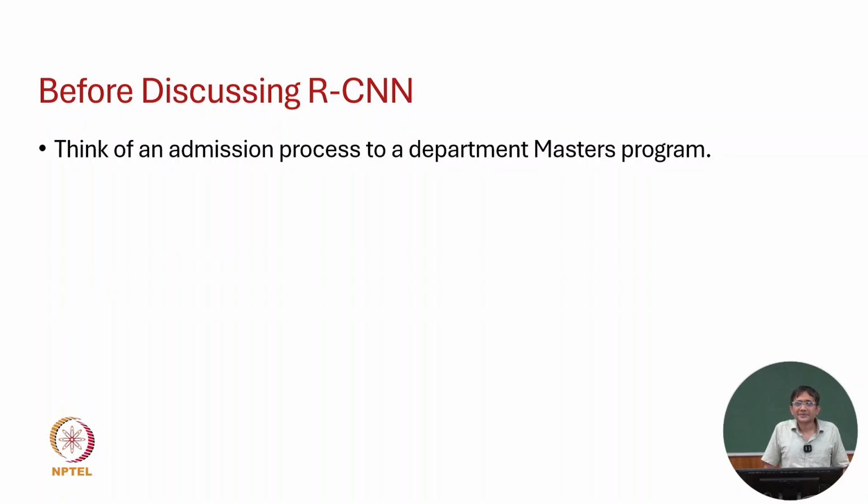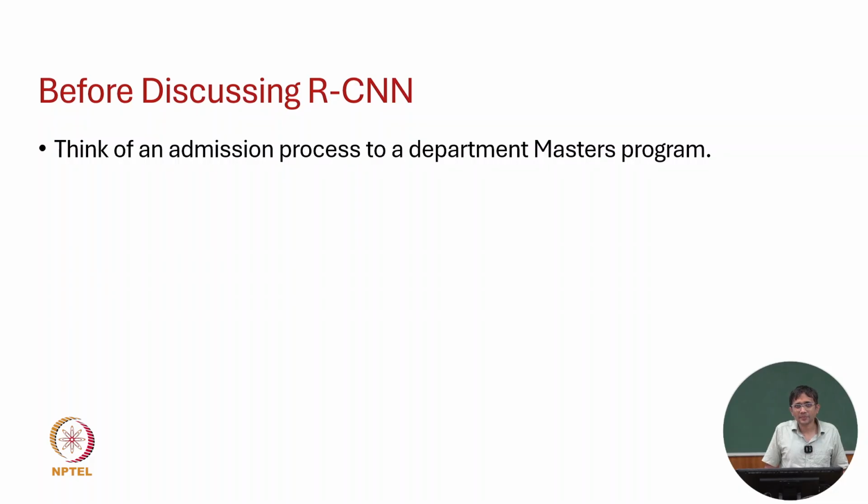Again, this is not uniform, of course, but in most of the places how it goes is, let's say the department receives a few thousand applications. Let's say it receives 2,000 applications or so in a particular admission cycle. In that case, you would probably not take everyone to the next cycle, right?